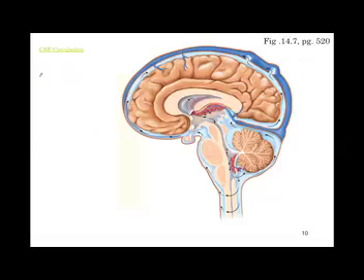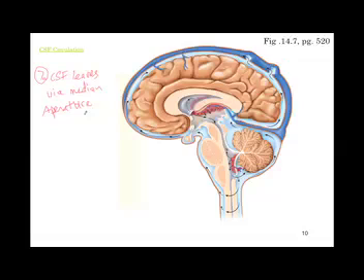Now from the 4th ventricle there's 2 options. 7A: CSF leaves via what's called the median aperture and enters the subarachnoid space.